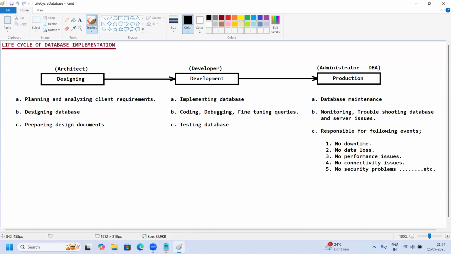And when it comes to development, what is the developer's job? He is the one who implements the database. He is the one who writes code. He is the one who debugs the code. He is the one who writes fine-tuned queries. Queries should not take much time to run.